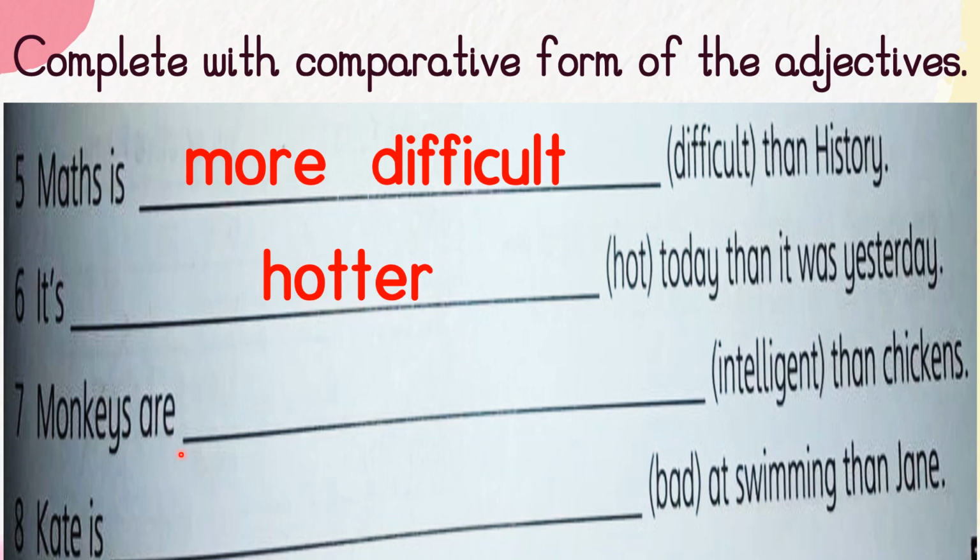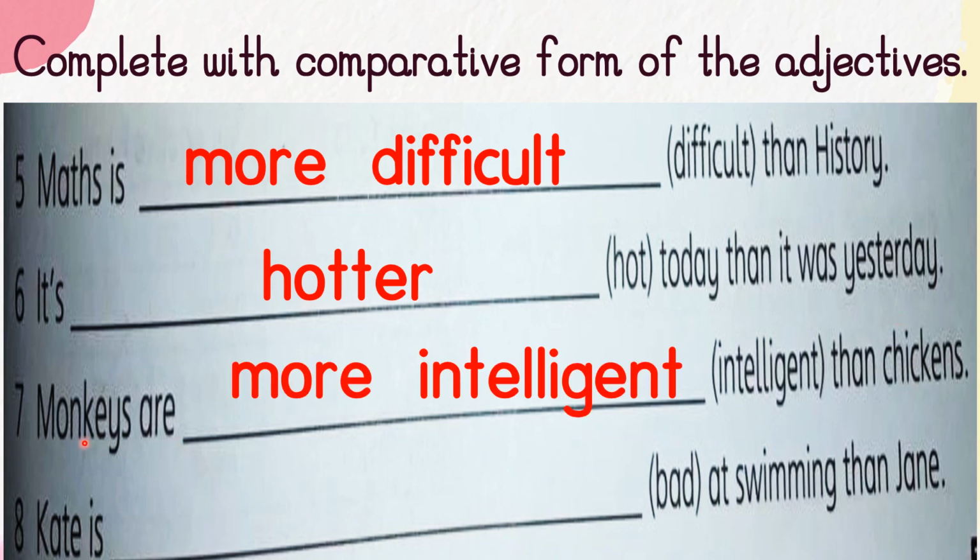Next one, monkeys are, monkeys, monyet, kera, 猴子, chickens. That's why also we train monkeys to climb the coconut tree and pluck the coconuts, because they are more intelligent if we refer to the chickens. So we say monkeys are more intelligent than chickens.